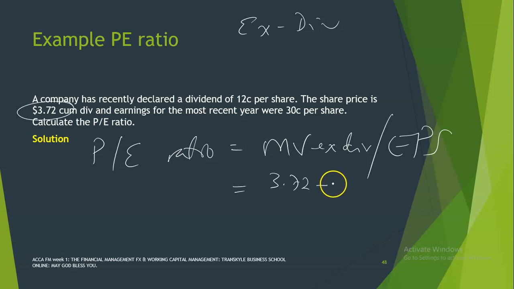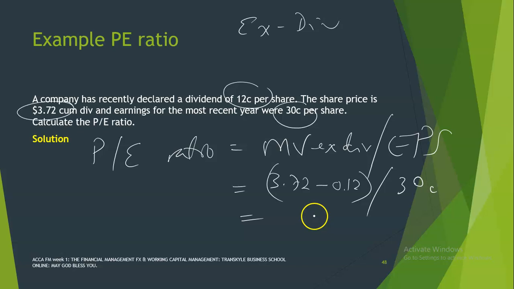The dividend is 12 cents, so 0.12, divided by the earnings per share of 30 cents. So this should give us 12.